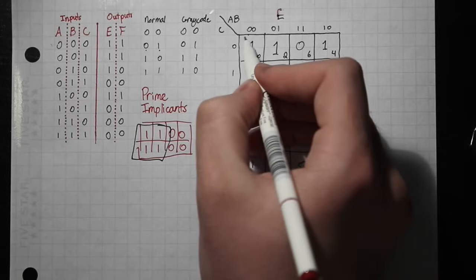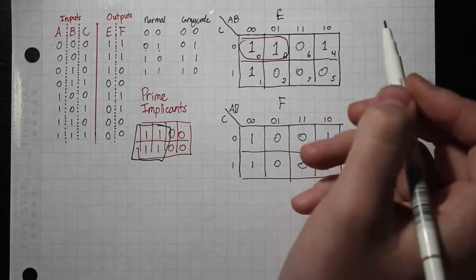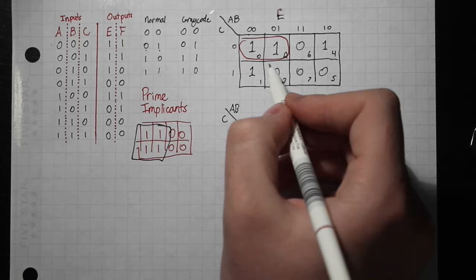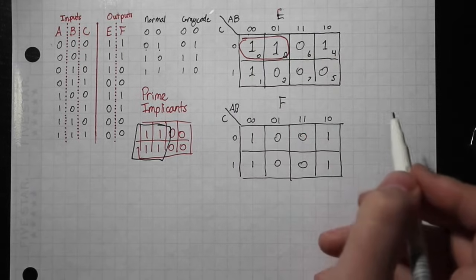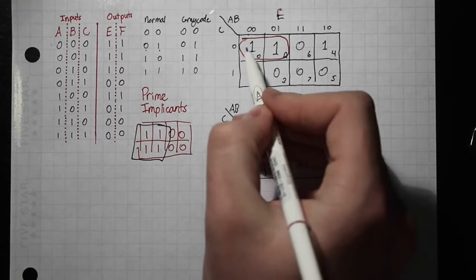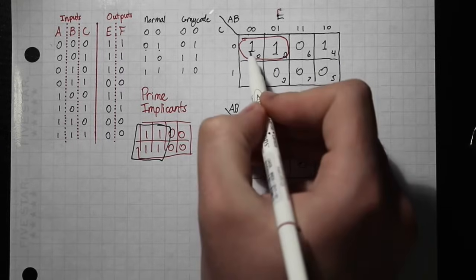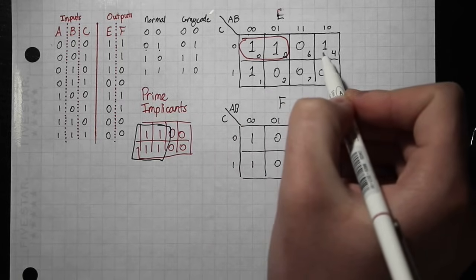So we're just going to circle this grouping, and that's one of our prime implicants right there. Now, one special thing about a Karnaugh map is that it's kind of like a Pac-Man game, or any of those classic arcade games where you can wrap around the side. So this 1 right here also can form a prime implicant with this one.